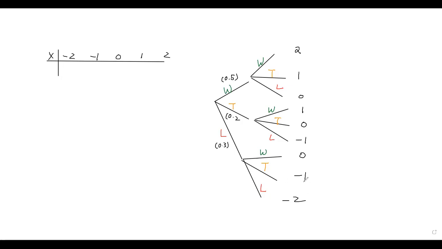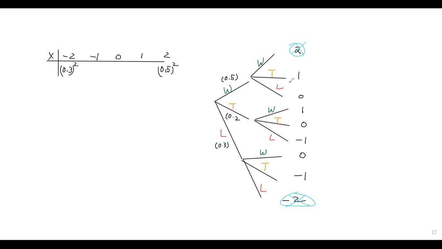So lose-lose is 0.3 to the square, and this takes care of the -2. This is the only one. The same for the 2 here. It's win-win. So this is 0.5 to the square, so you take care of this one.